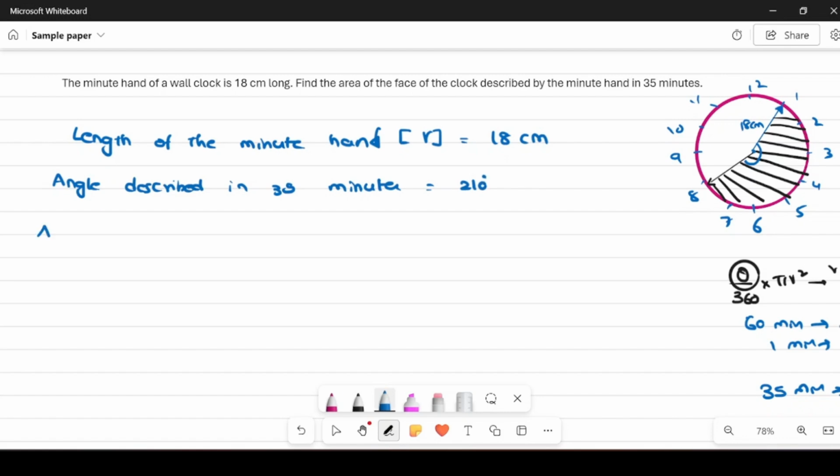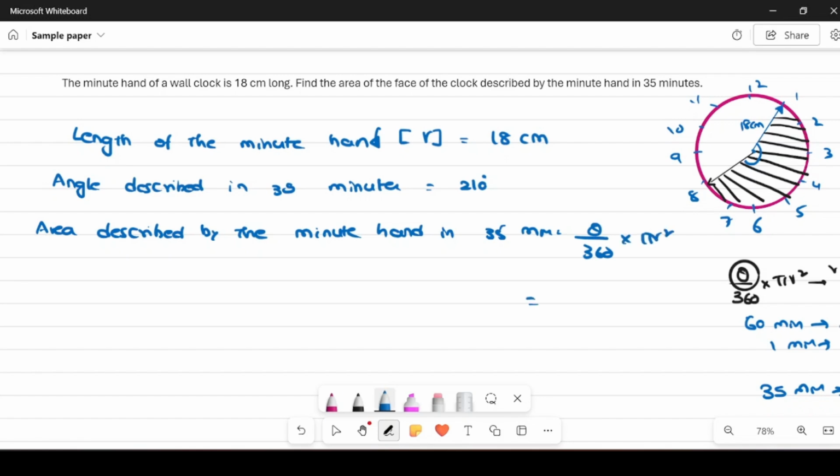Then the area swept by the minute hand, or area described by the minute hand, in 35 minutes is equal to theta by 360 into pi r square.